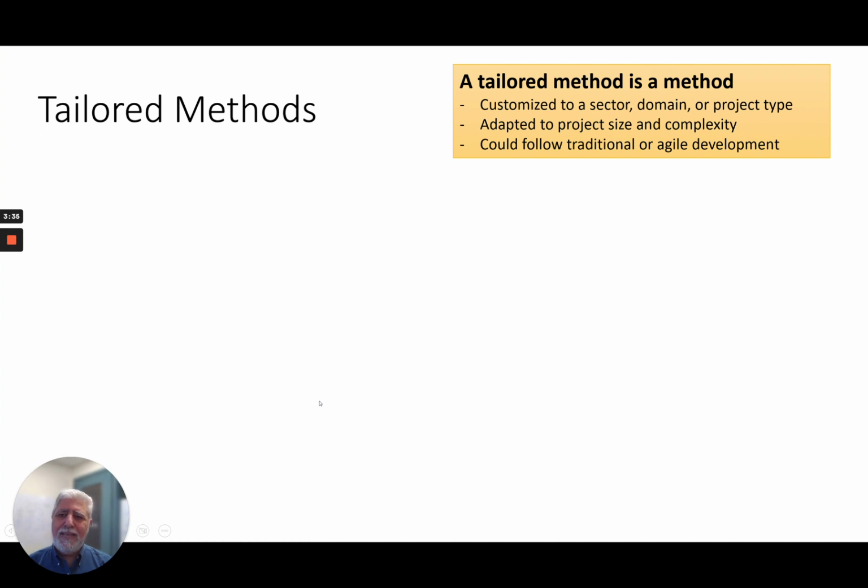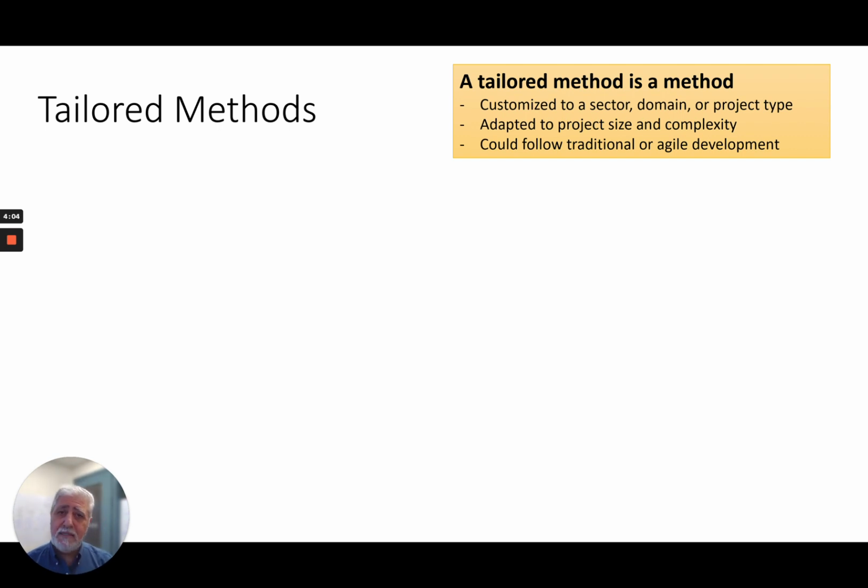So let's talk about tailored method. When we say tailored method, what does it mean? The tailored method is a form of being adaptive in project management. In our definition, again, that's our definition, a tailored method is a method, which means there is some kind of scientific or systematic approach that goes through a certain sequence of steps or things that need to be done.